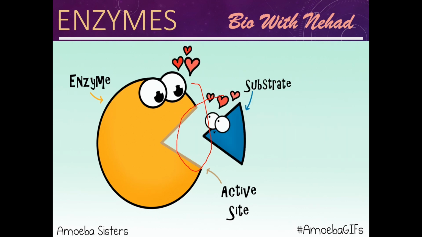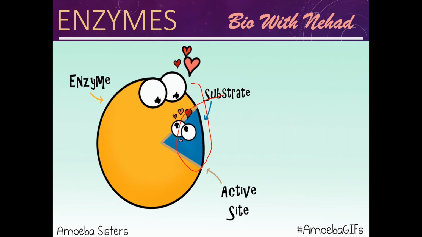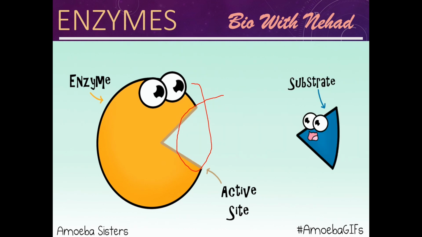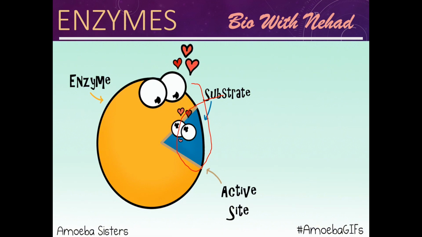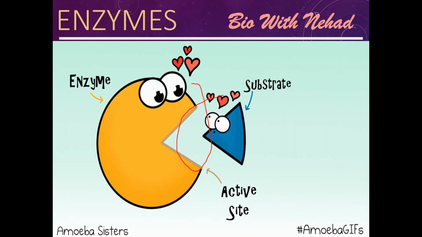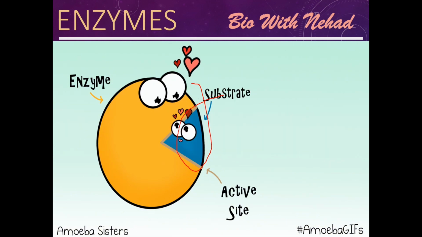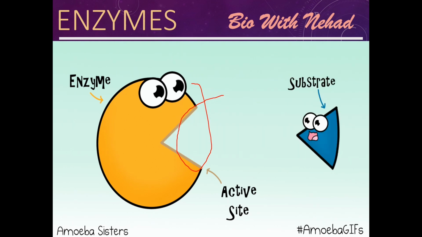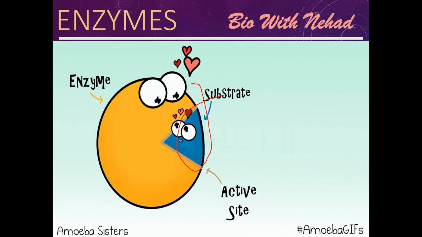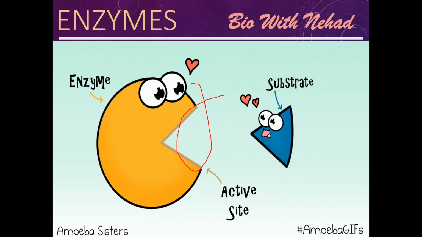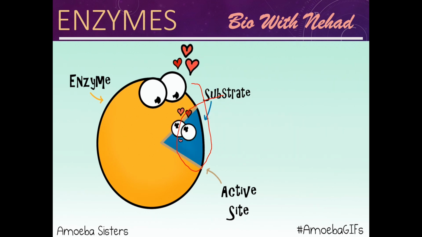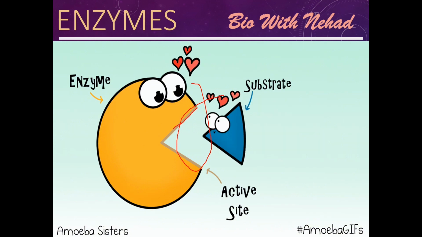Or it may be small molecules attached to the enzyme, and the enzyme will just help or speed up attaching them together to give a big molecule, which is anabolic reaction.